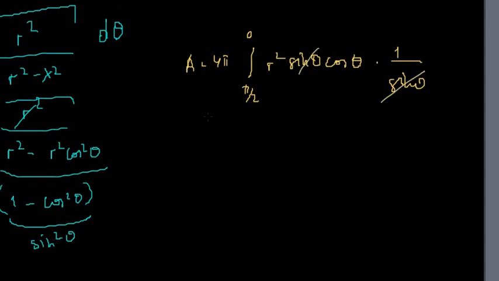This one is gone with this one. A is equal to 4 pi integral between pi over 2 and 0.